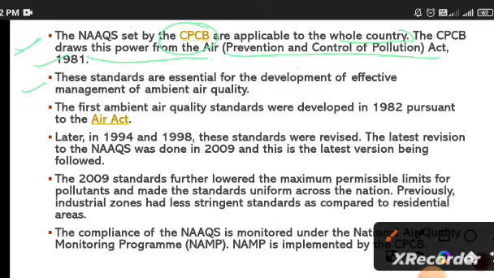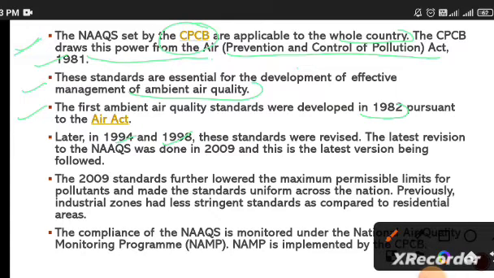Second, these standards are essential for the development of effective management of ambient air quality or outdoor air quality. Third, the first ambient air quality standards were developed in 1982 and later in 1994 and 1998 these standards were revised.